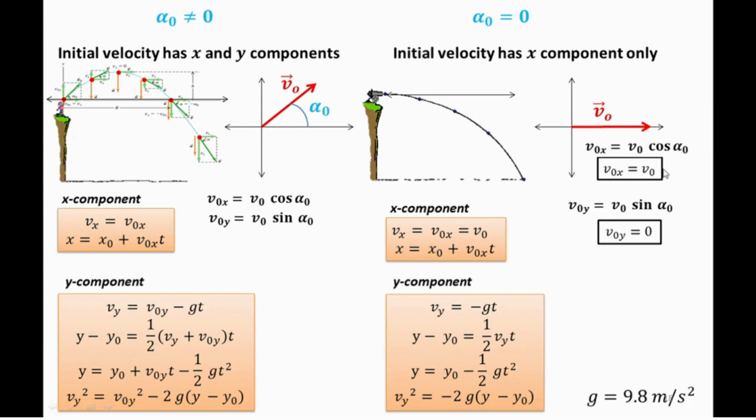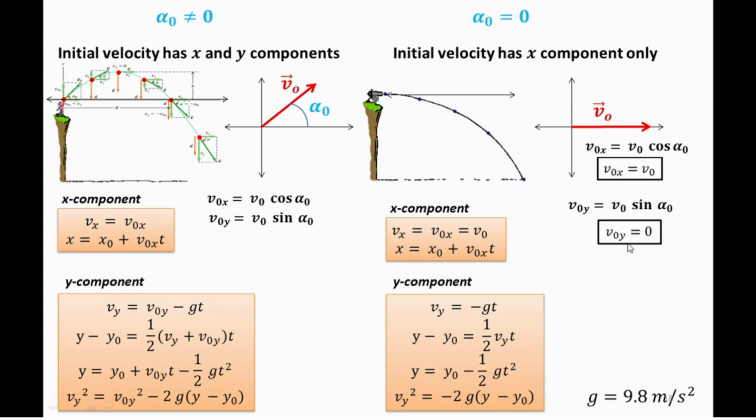And the reason for that is that cosine of 0 is equal to 1. So if you multiply 1 by the magnitude of the initial velocity, that should just be equal to the initial velocity. So if the angle of projection is equal to 0, that means that your initial velocity does not have a y component, but rather your initial velocity will only be equal to the x component. So if the angle of projection is again 0, the initial velocity is just equal to the x component, and the y component of the initial velocity is equal to 0.